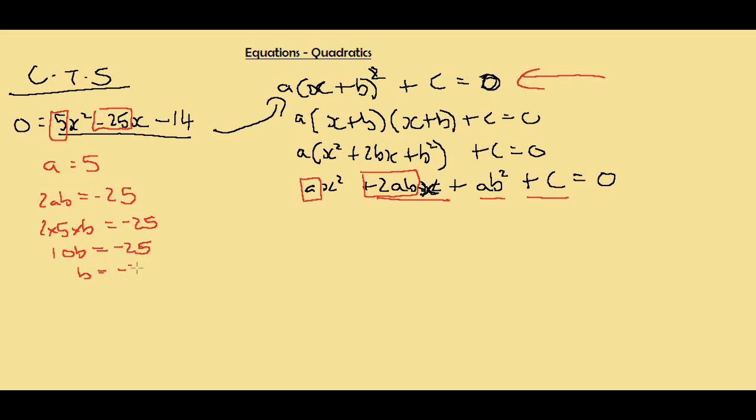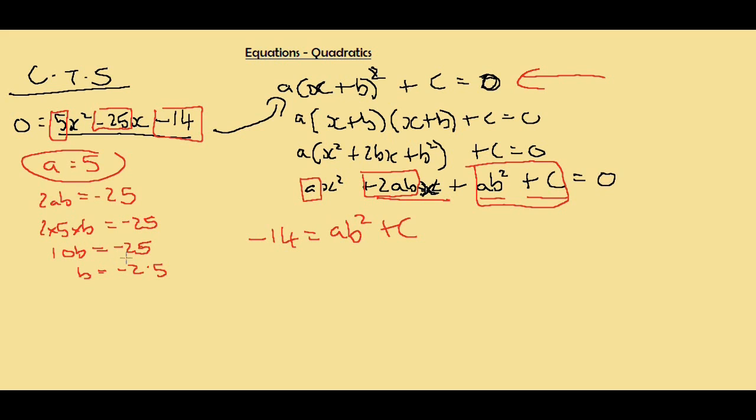And then the last term, minus 14, has to be what's left over, because ab squared plus c haven't got any x's in them, so this whole thing here must be minus 14. Okay, so ab squared plus c, and I'm just going to use the a's and b's, so I found the a and the b there, so minus 14 equals 5 times minus 2.5 squared, and then plus the c.